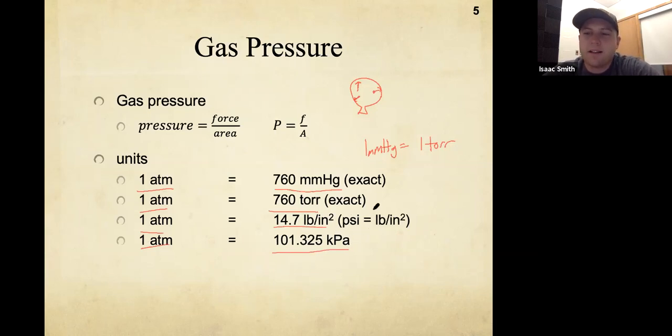Pascal is also a unit for pressure. It's kind of complicated, there's a bunch of different ones, but you should be comfortable converting between different units. You have these equalities right here that you can use to create conversions if you need to in a problem.